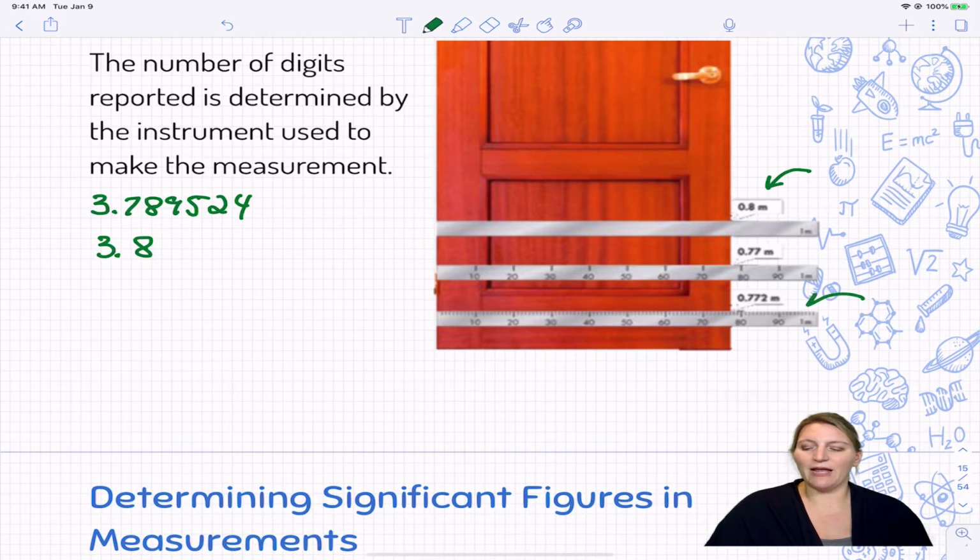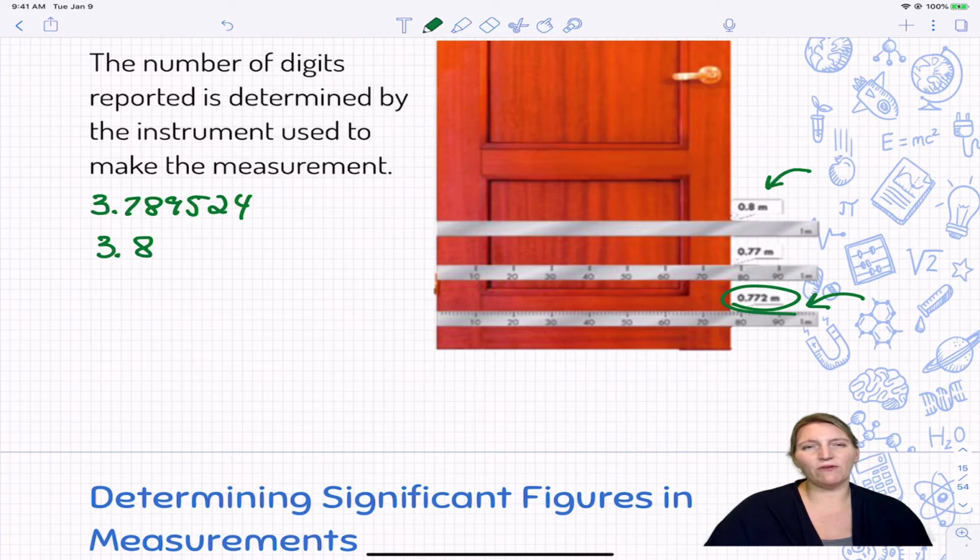But look at this last ruler. It has markings not just for 1/10 of a meter, but 100th of a meter. So we can go one digit beyond that. That's how we get that number. So how many digits a number has is an indication of the instrument that was used to make it.